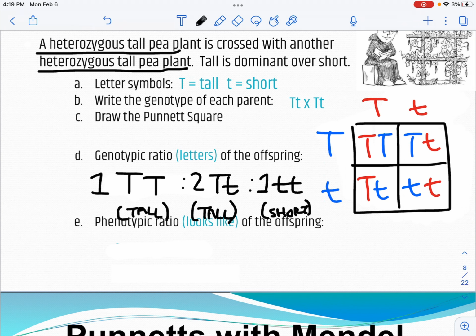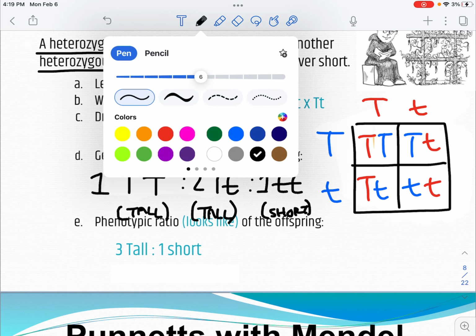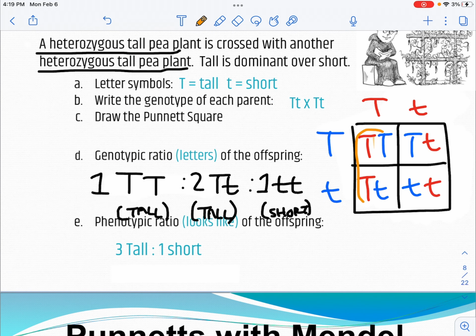So even though our genotype ratio is 1 to 2 to 1, our phenotype ratio is 3 tall, which are going to come from these 3 genotypes here, to 1 short, the little t little t.